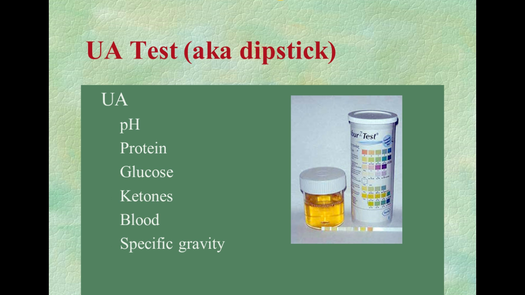Protein is looking for protein in the urine and can identify kidney damage. Glucose is identifying glucose in the urine, and you would see that with diabetic patients.